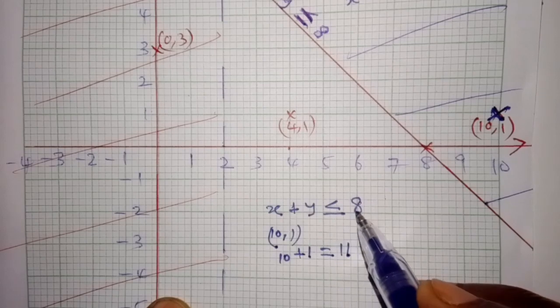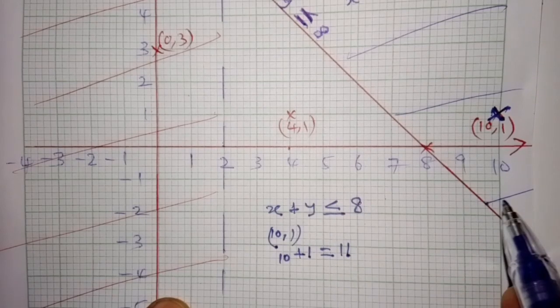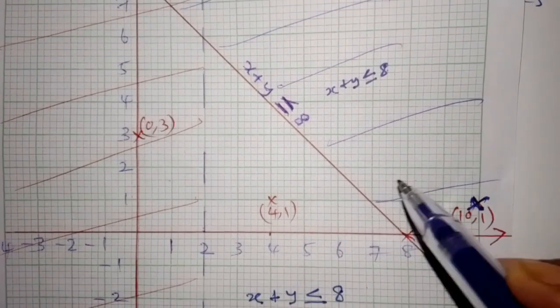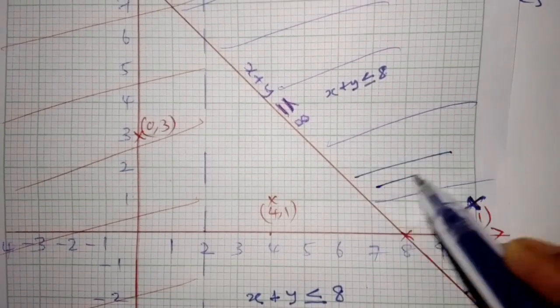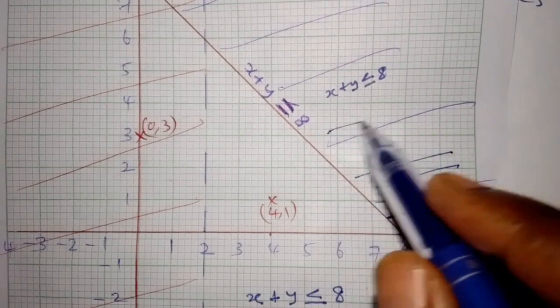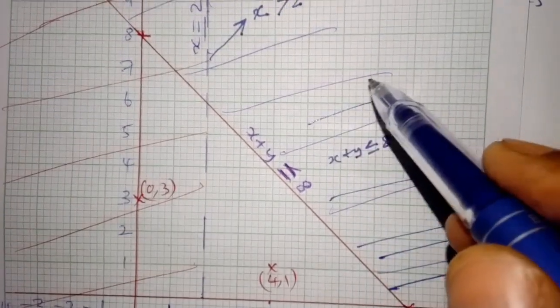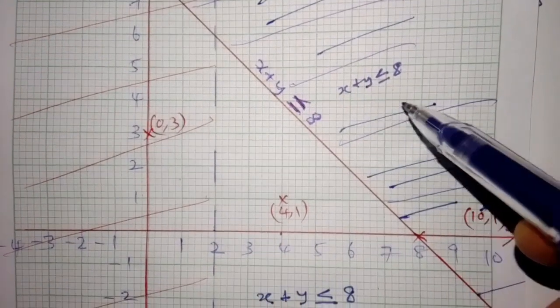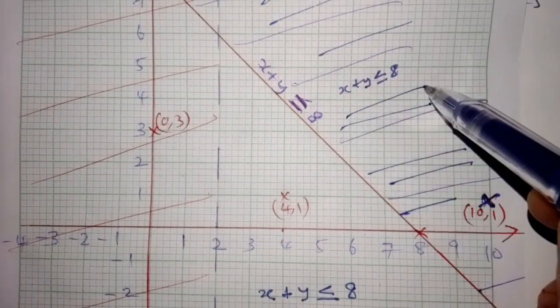It is not less than 8. So it means that any points lying on this other side are not valid. They don't satisfy this inequality. So we are going to shade these points here.